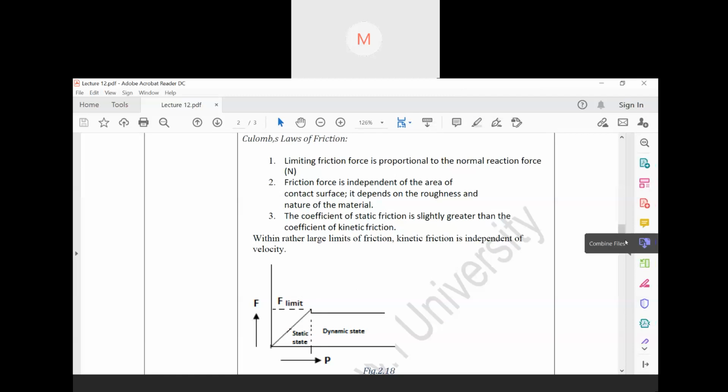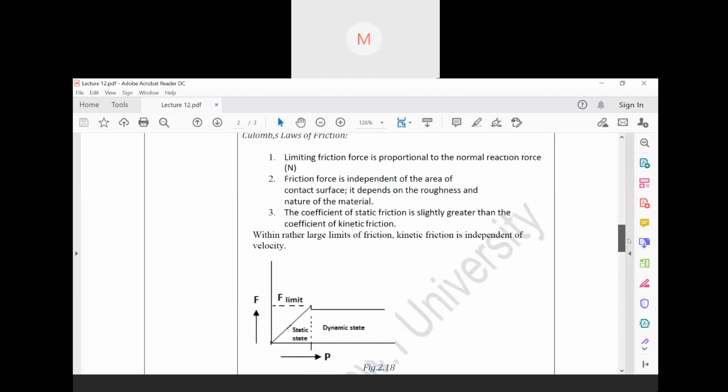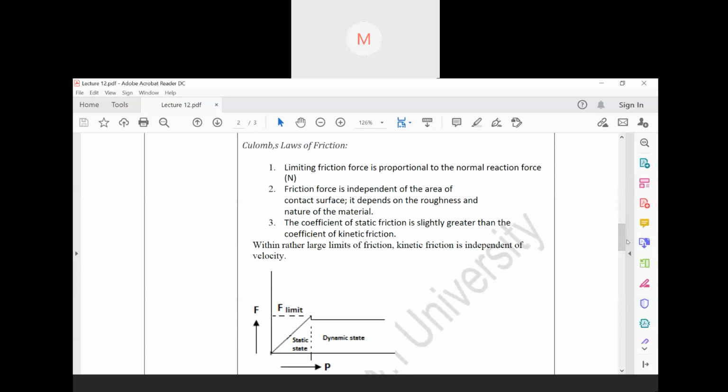That means what? Suppose this is a body.